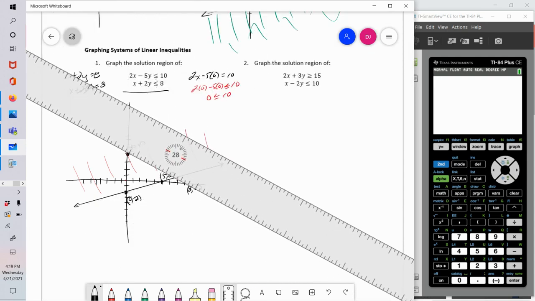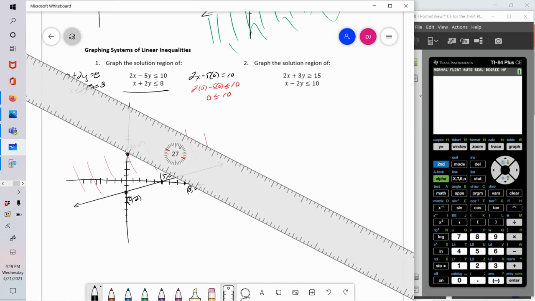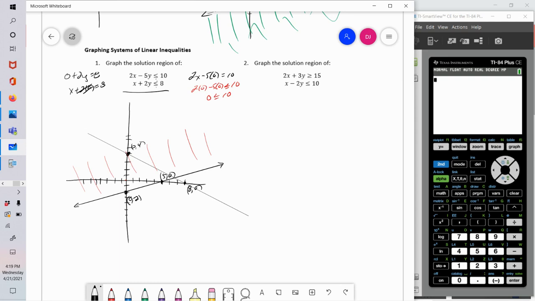notice again that because it is less than or equal to, it's a solid line because of the equal to. So there's that solid line there, and now we need to decide, let me erase part of this, which way to shade this one. I'll do this one in blue.